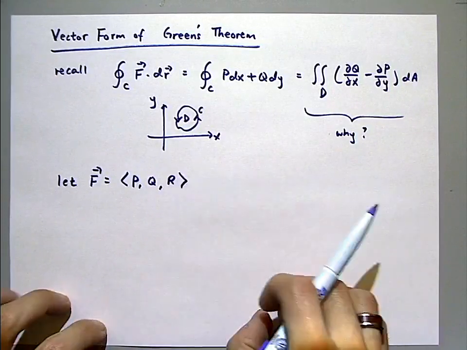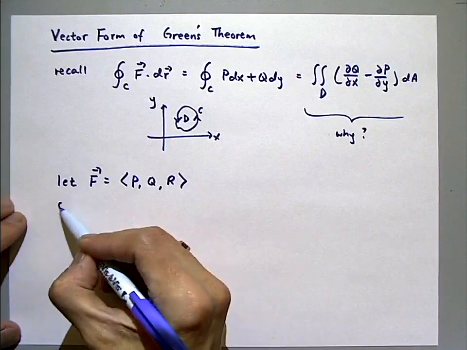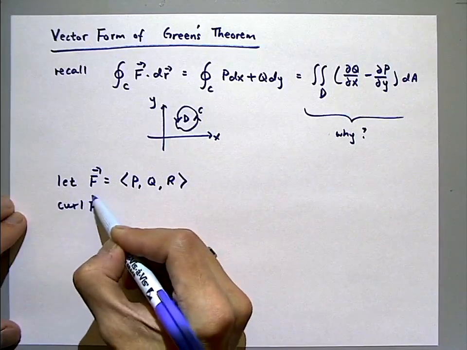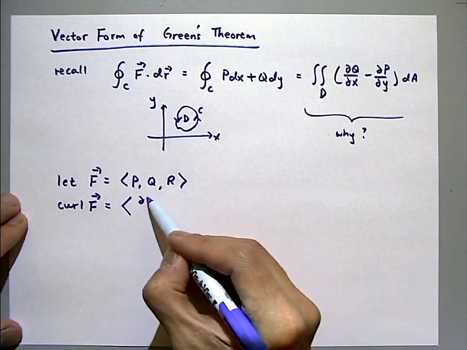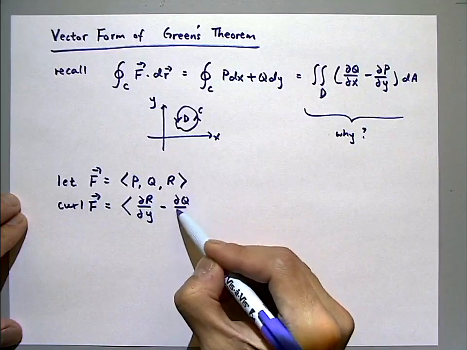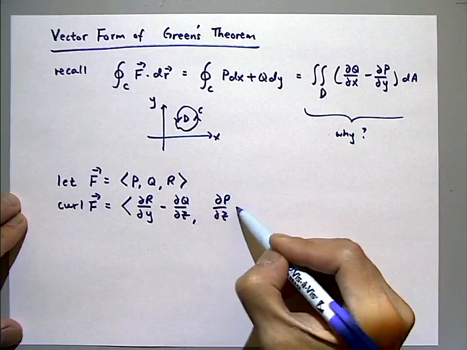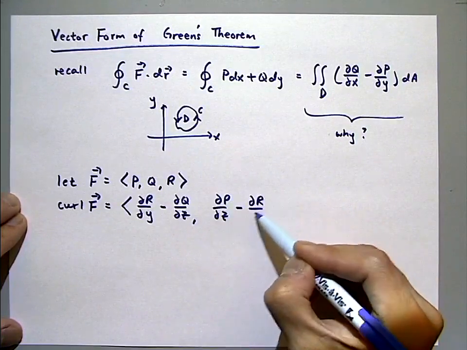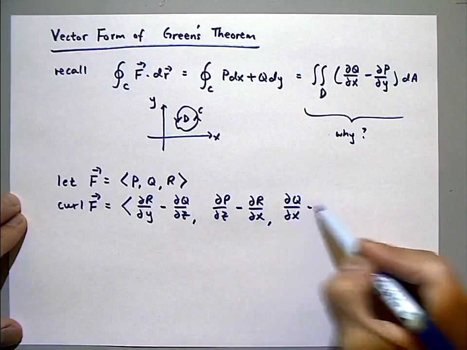Let's assume that we have a vector field, some general vector field P, Q, R, three-dimensional stuff. The curl that we saw earlier is Ry minus Qz, Pz minus Rx, and then Qx minus Py.